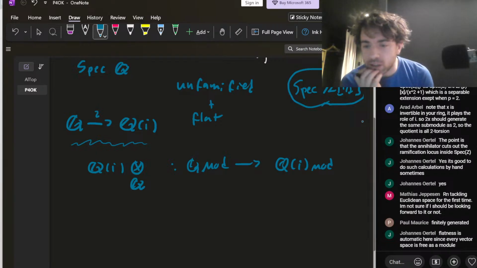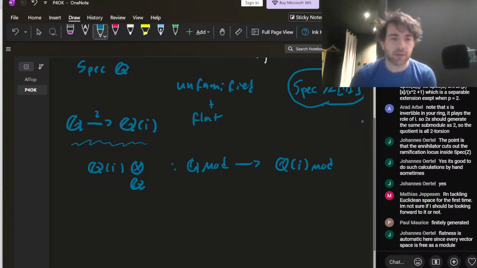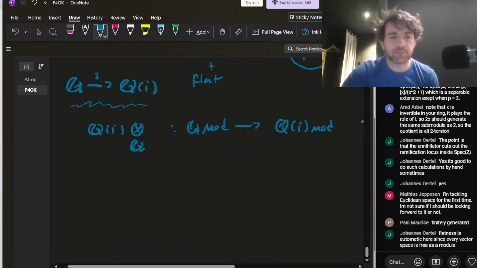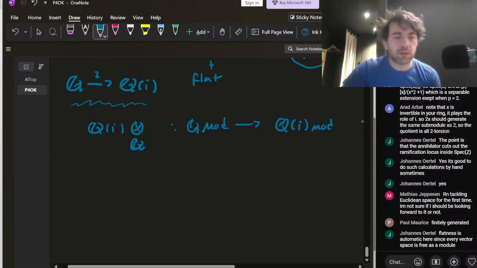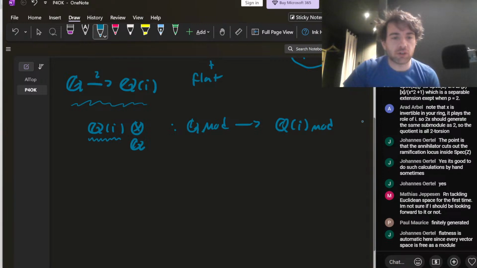Flatness is automatic here since every vector space is free as a module. Yeah, exactly. Because we can just interpret this as a two-dimensional Q module.